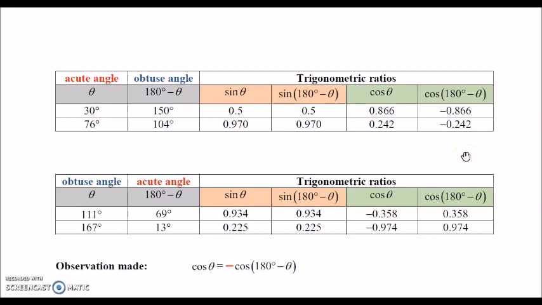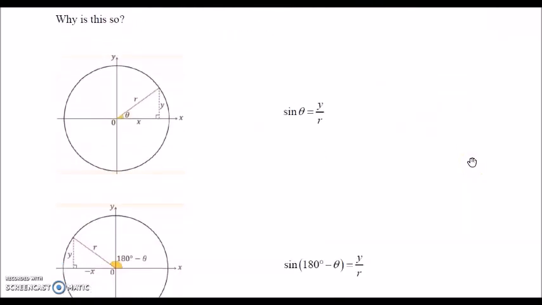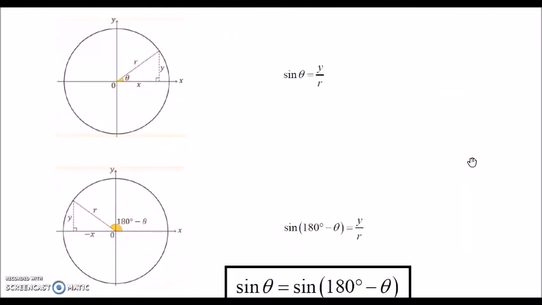So with these two observations made, probably right now the burning question in mind will be, why is this relationship so? Probably I can have this illustration for you to understand further. Let us take a look at this set of diagrams. I've got two circles here. In my first circle, I have a right-angled triangle with an acute angle theta.